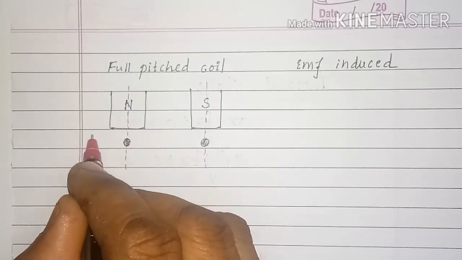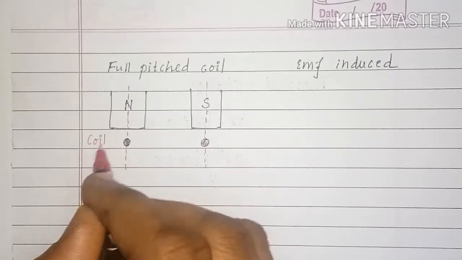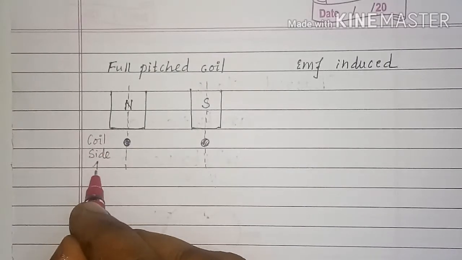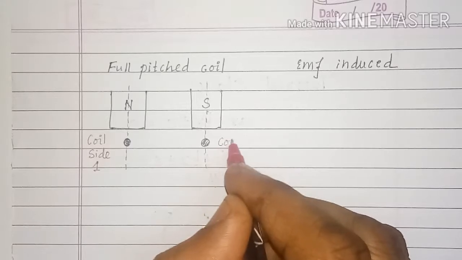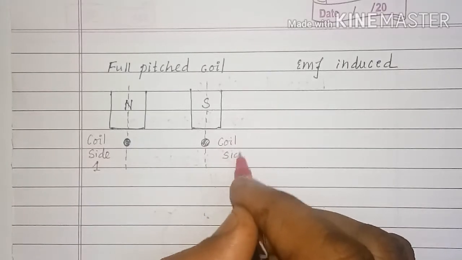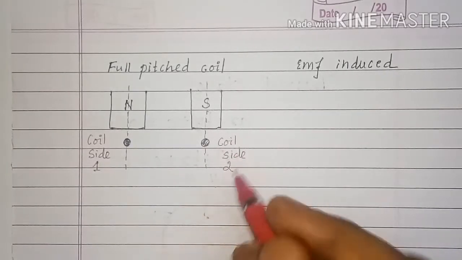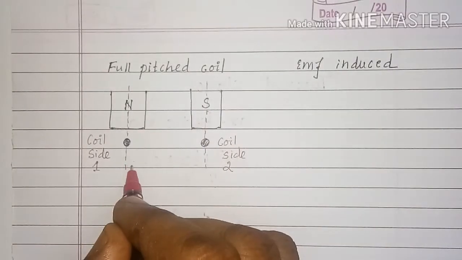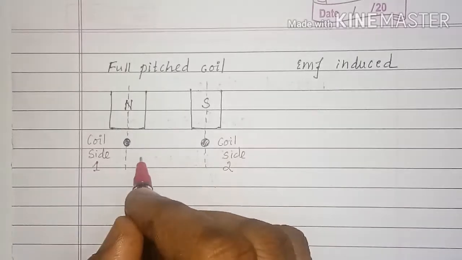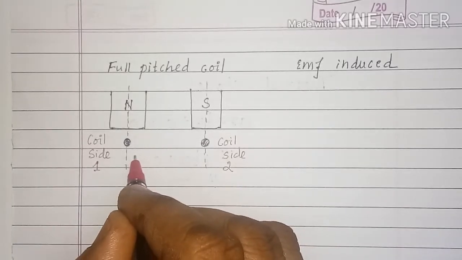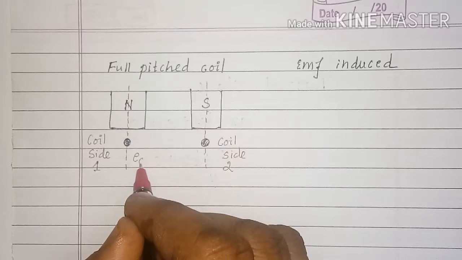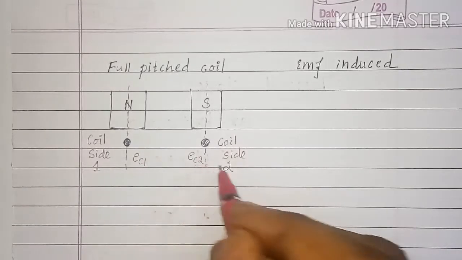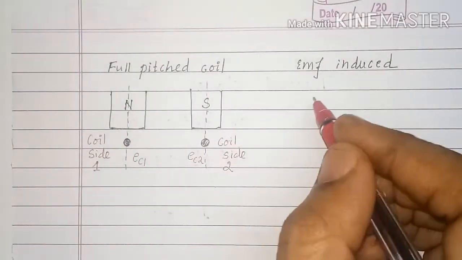Here is coil side 1 and it is coil side 2. Let EC1 and EC2 be the EMFs induced in coil side 1 and coil side 2 respectively.